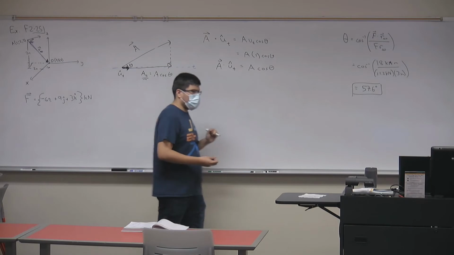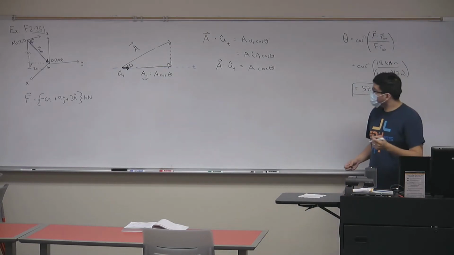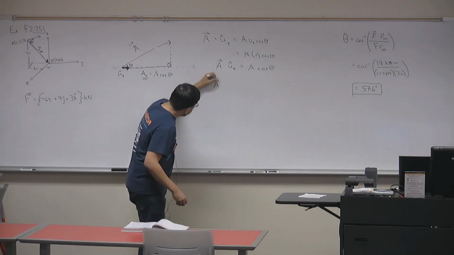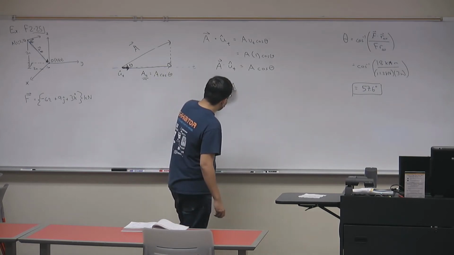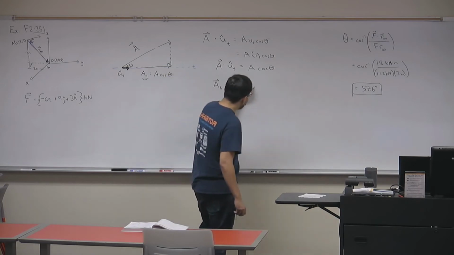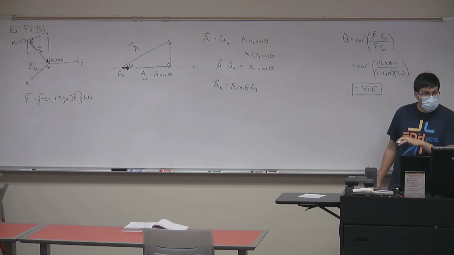How did we do that? Do you remember what was the procedure? We multiplied the magnitude by the unit vector in that direction. Exactly. So if I want to find the vector form of my parallel vector, I just have to multiply the magnitude times the unit vector along the direction that I want. Is that correct? Good.